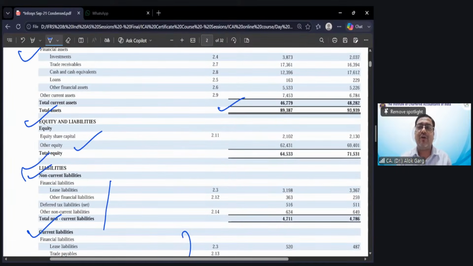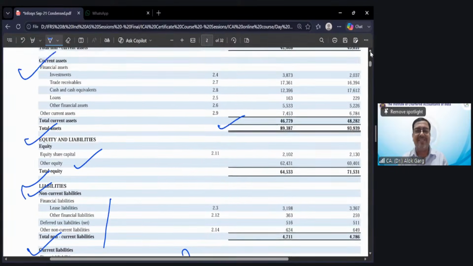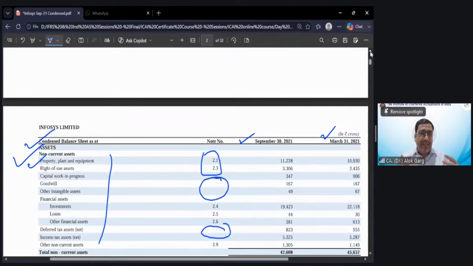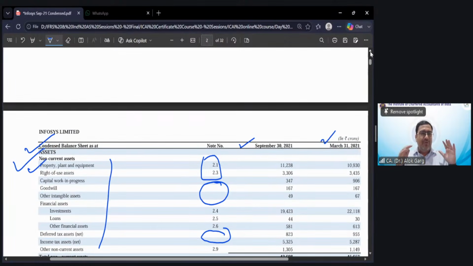That is why they are calling it a condensed balance sheet, condensed P&L. They have given the full balance sheet, but explaining the balance sheet items for limited items only and in a limited manner only. That is why they are calling it a condensed balance sheet, condensed statement of profit and loss, condensed statement of cash flow, condensed statement of changes in equity.